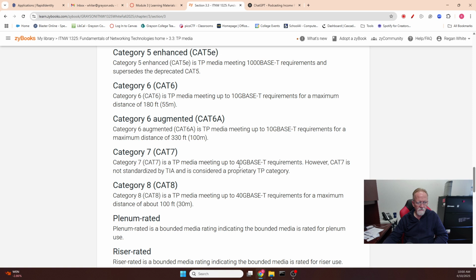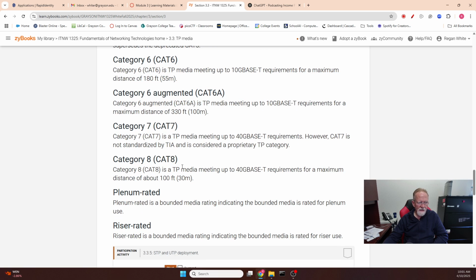Cat 7, 40 gigabits. It's not standardized and is considered proprietary, which means that it may or may not fit in with your situation, your circumstances. Cat 8, and that's 40 gigabits for a maximum distance of 100 feet.